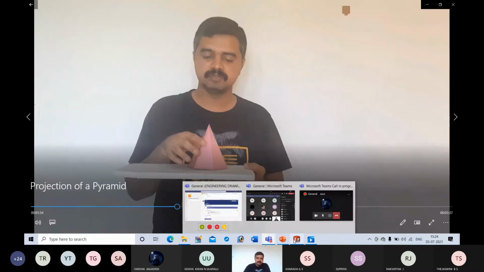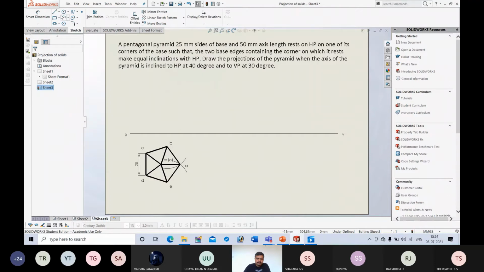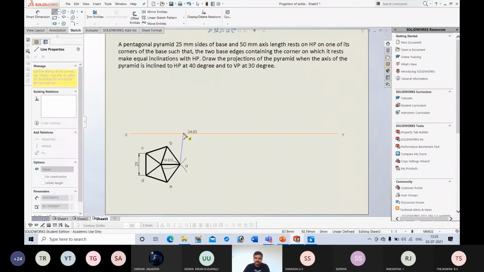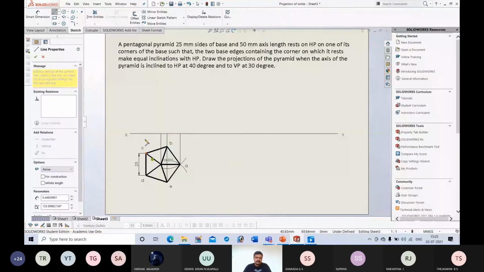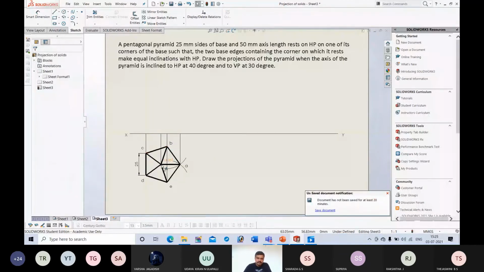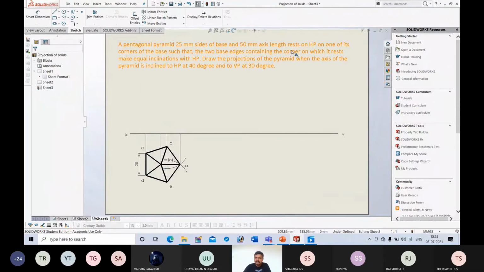So first I will project the points. Next, from center also I should draw a projector. Okay, after this, first you should consider the height of the pyramid. So that is 50 mm axis length.